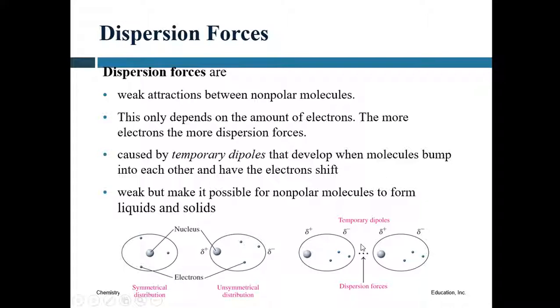Think of it as magnets, just a teeny tiny magnet here. Now, if there's not a whole lot of electrons, then that teeny tiny magnet's not enough to keep these molecules together for very long. And so you're going to have gases at room temperature for items that only have dispersion forces and don't have a lot of electrons.